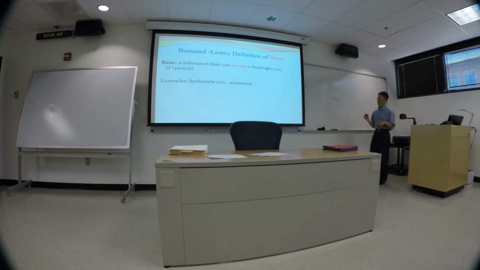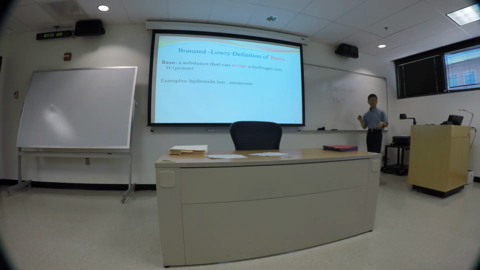Now, what is in common between these two? Well, if you draw the Lewis structure, you have a lone pair of electrons on oxygen, an atom with a high electronegativity value.